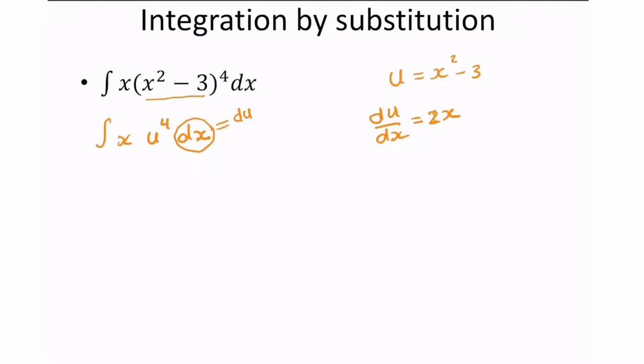Now we need to find dx in terms of u, so we can replace it. We can multiply both sides by dx, or rearrange it, whatever way you understand. So there's going to be du equals 2x dx.